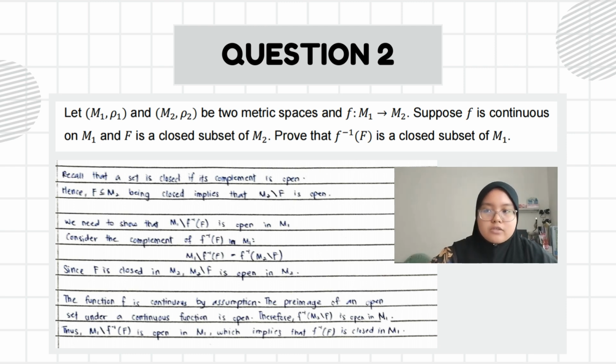The function is continuous by assumption, so the preimage of an open set under a continuous function is open. Therefore, the inverse image of the set difference of M2 and F is open in M1. Thus the complement is open in M1, which implies that the inverse image of F is closed in M1. So it is proven that the inverse image of F is a closed subset of M1.